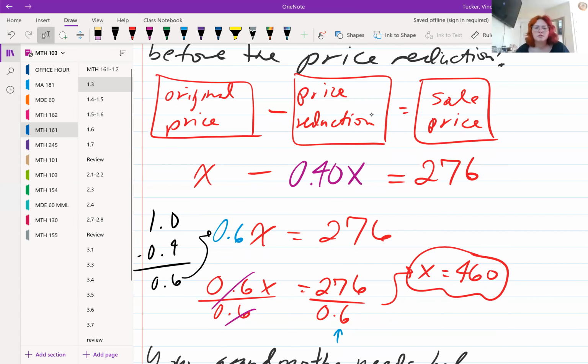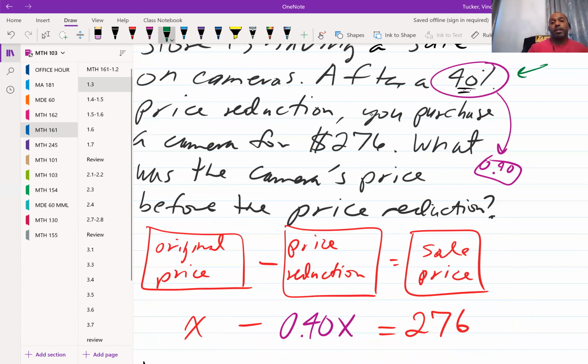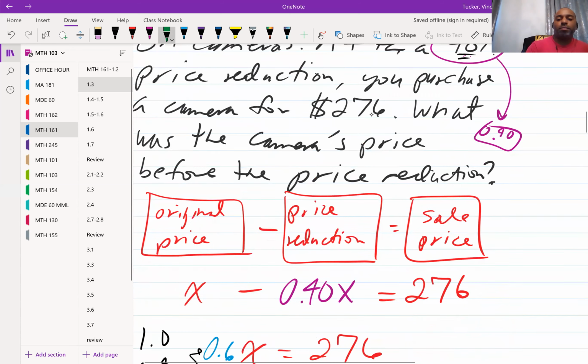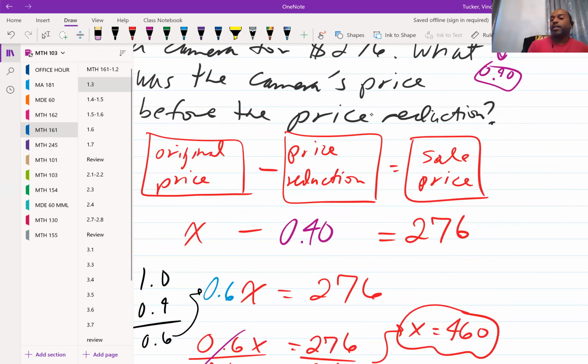Mr. Tucker, how did you know to put an X after the 0.40? Because with the 40%, your percentages don't stand alone. You're always doing a percentage of something. In other words, you have to multiply your percentage by something. So you couldn't put just 40 here, because that percentage does not stand alone.